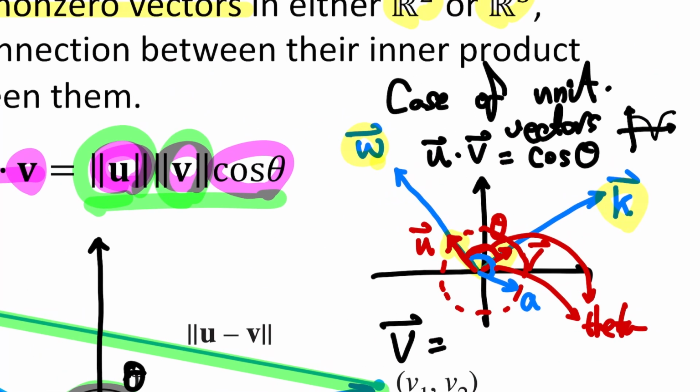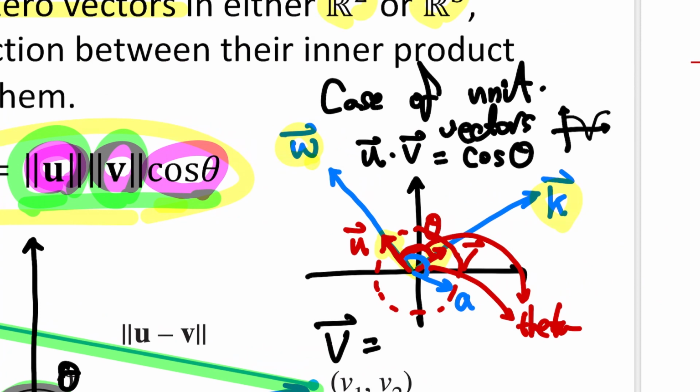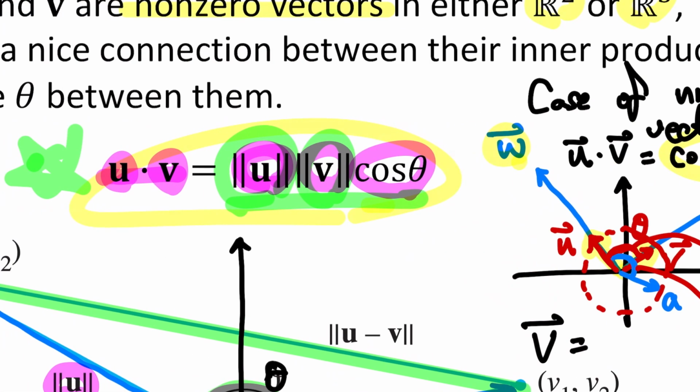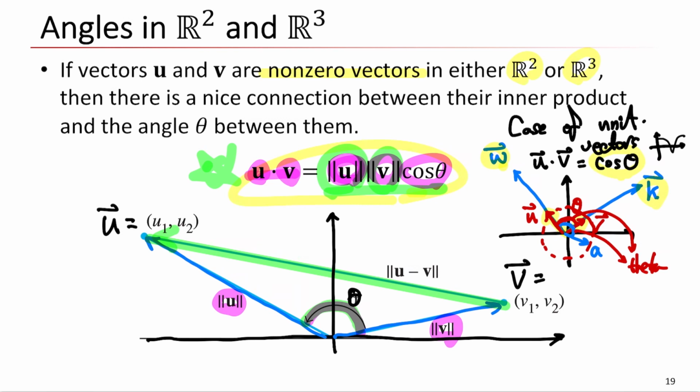So it means that by using this definition, we can compare two vectors by using only the angle between them. This is a very nice property.